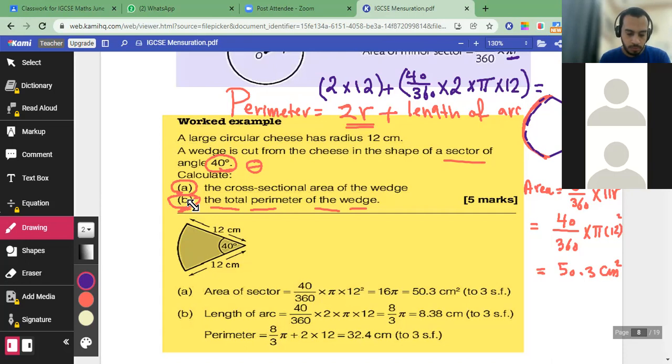For the first one, I got 32.38. No, 32.4. Exactly 32.4. تمام.